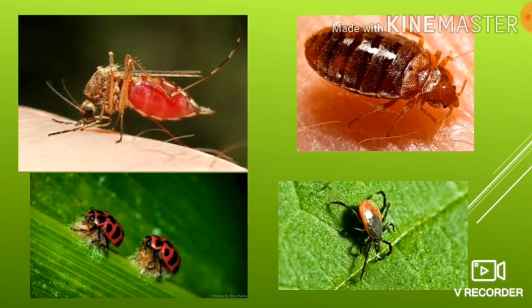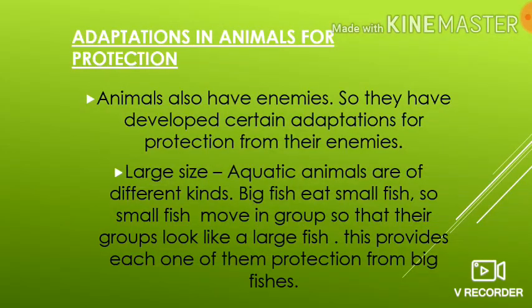And in this chapter, the third point is adaptations in animals for protection. Animals also have enemies, so they have developed certain adaptations for protection from their enemies, such as large size. Aquatic animals are of different kinds.